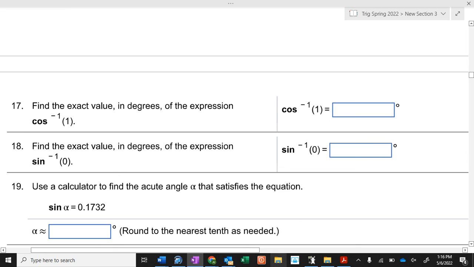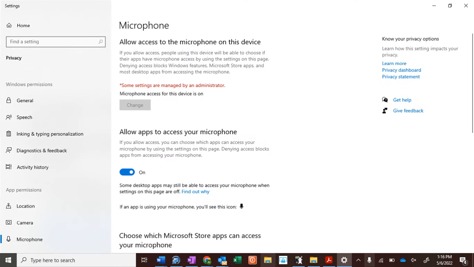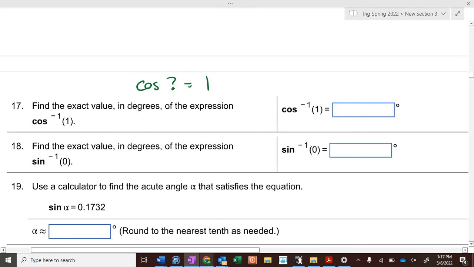The inverse cosine of 1, which is saying the cosine of what value equals 1? Where are we when the cosine equals 1? No. Where's the cosine equal to 1 at? It's at 0. Where's the sine equal to 0 at? Not 90. 0.